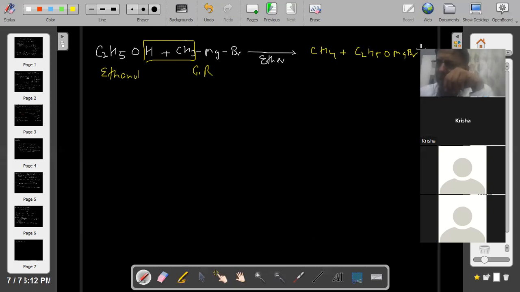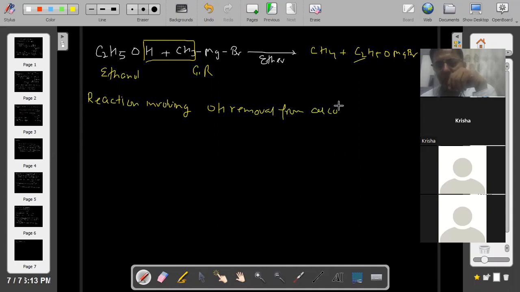Now, reactions involving removal of OH from alcohols.